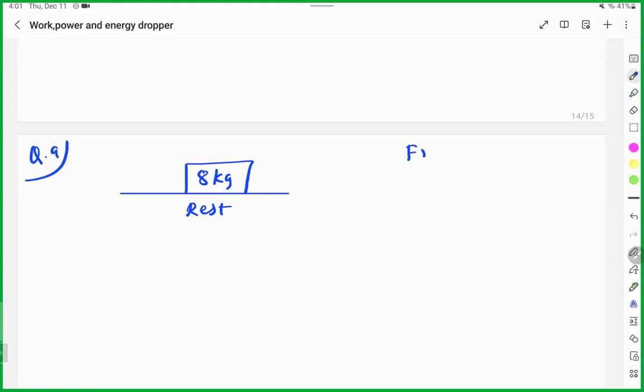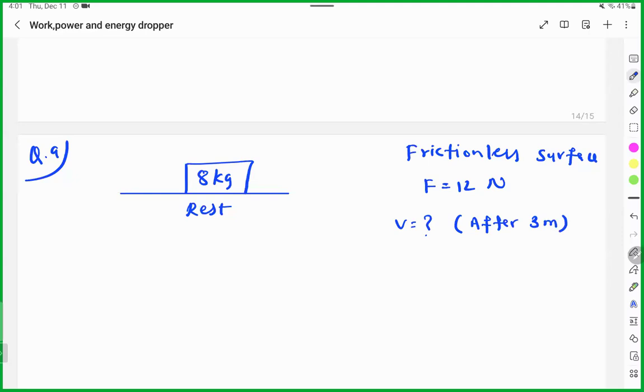So you have a frictionless surface and there is a constant force of 12 Newton acting on it. Find the velocity of the block after it moved a 3 meter distance. And also find out the acceleration.